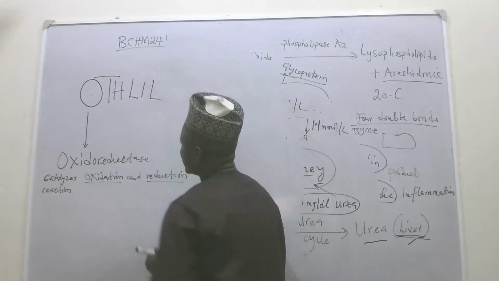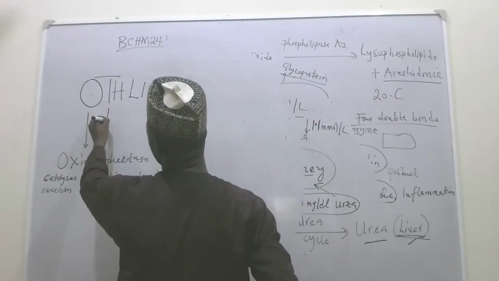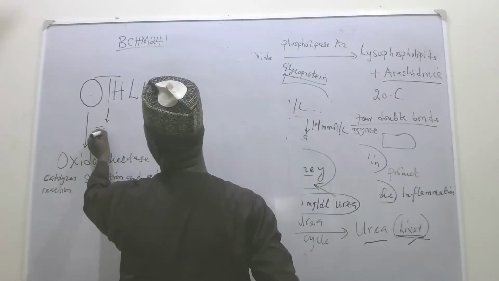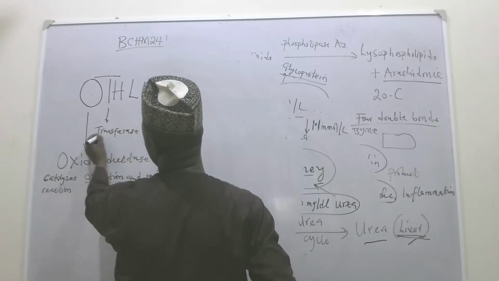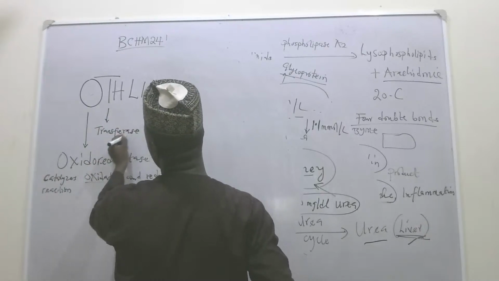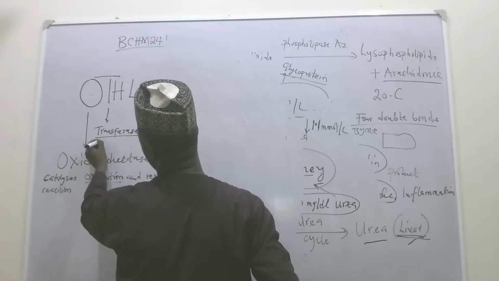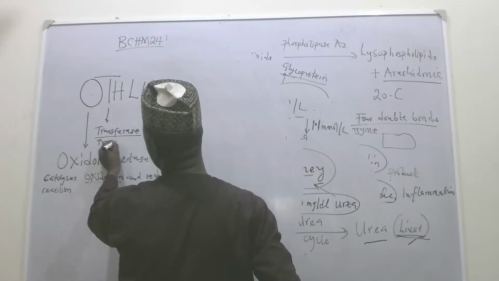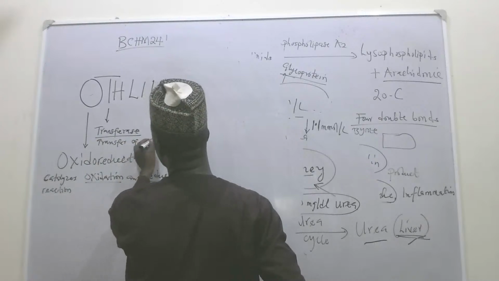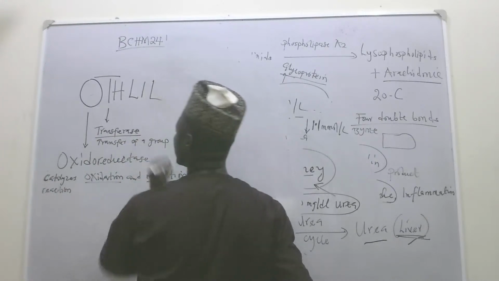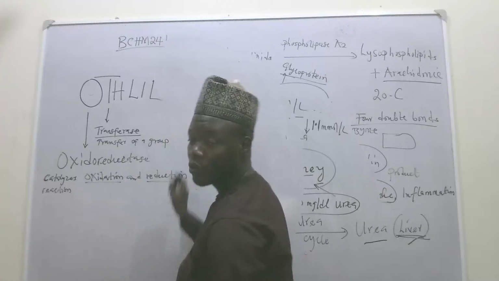And then the next one after oxidoreductase is T. The T here means transferase. It is an enzyme that catalyzes the transfer of a group.